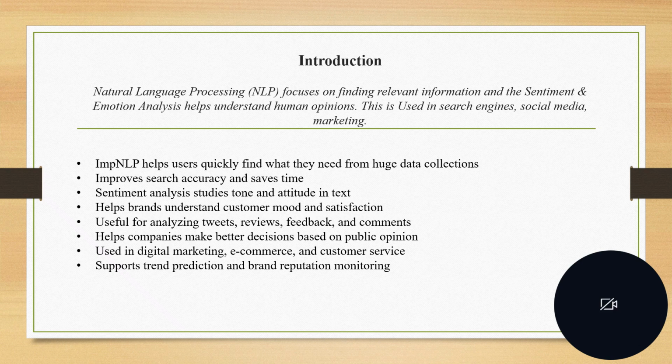So, by recognizing emotions, companies can react faster, solve problems earlier, and create better user experiences. Together, we can say that sentiment and emotion analysis gives machines a form of emotional intelligence, making technology more human friendly, supportive, and responsive.